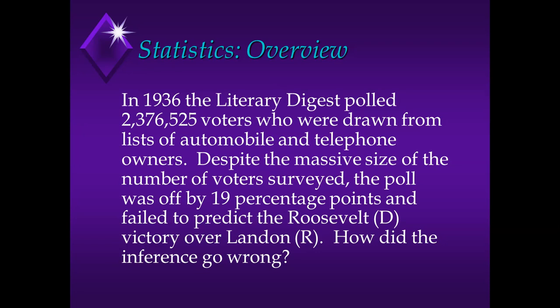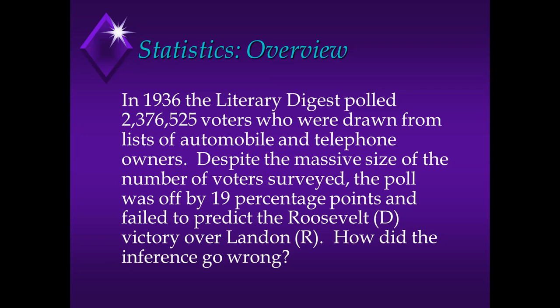They tried to avoid bias by doing a random sampling, so they were not going to just get a certain subportion of the population, but in actuality, where they drew their information from, automobile owners and telephone owners in 1936, did not represent the whole population. In 1936, people with money had telephones and automobiles. If you didn't have a lot of money, if your socioeconomic status was lower, you would not have been sampled.